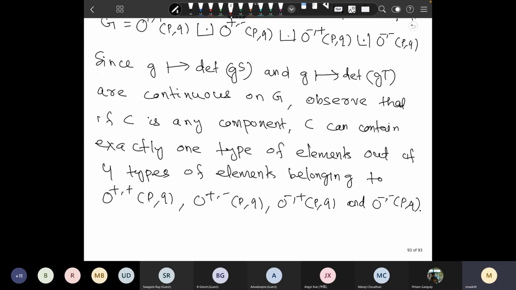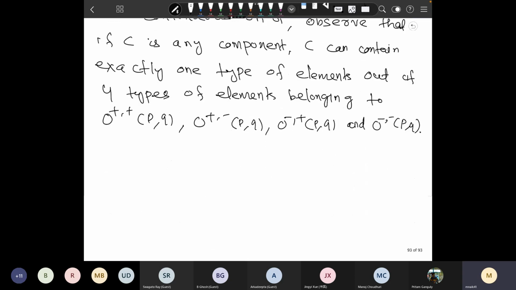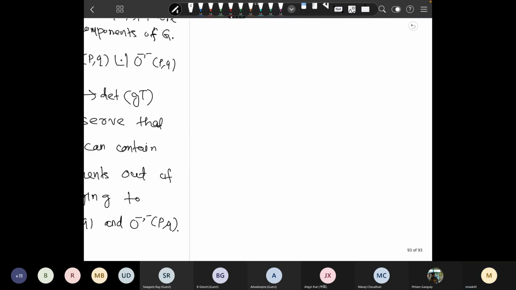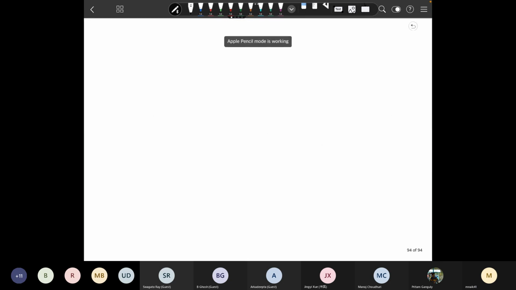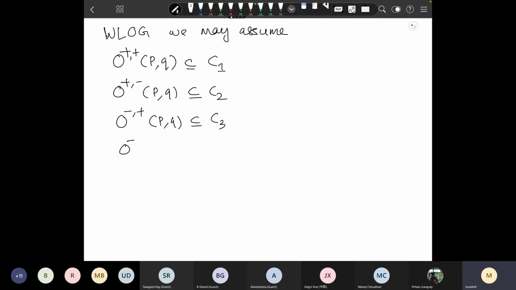Okay. So without loss of generality, we may assume O plus plus P comma Q is contained inside C1, O plus minus P comma Q is contained inside C2, O minus plus P comma Q is contained inside C3, and O minus minus P comma Q is contained inside C4.